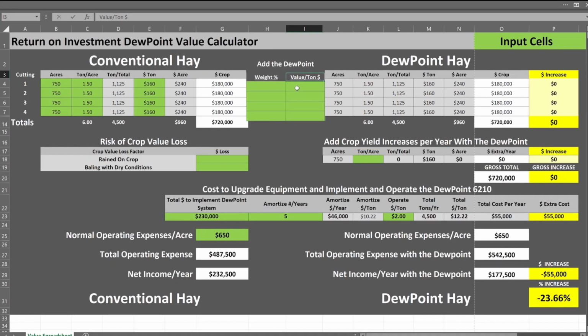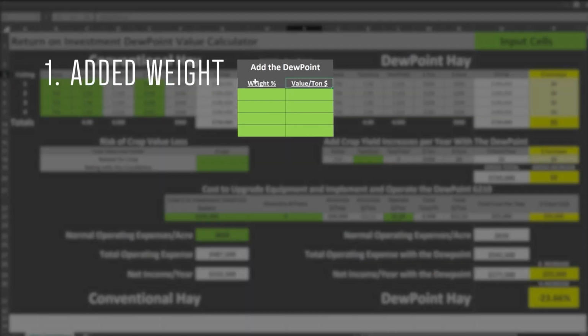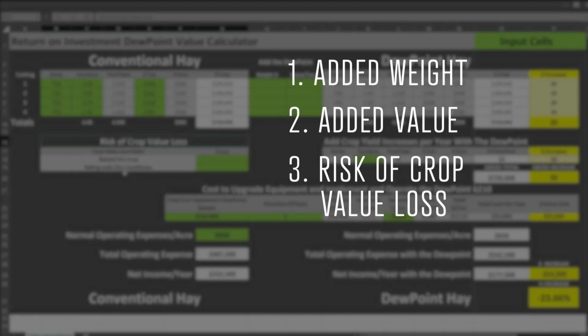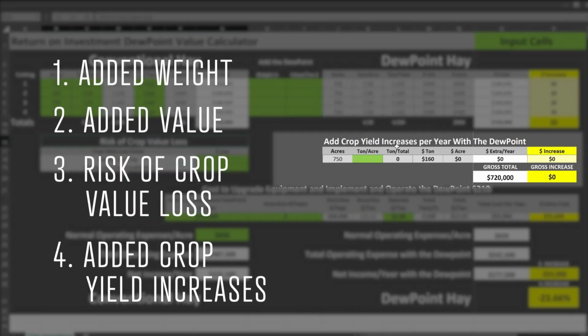There are 4 major factors that we cover in this spreadsheet. The first one is added weight. The second one is added value. The third factor is the risk of crop value loss that we can experience. And the fourth one is added crop yield increases that we can experience with the dew point machine.